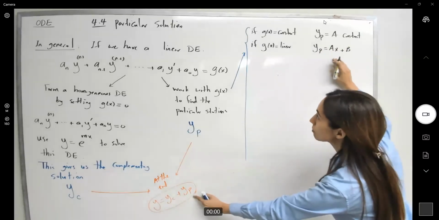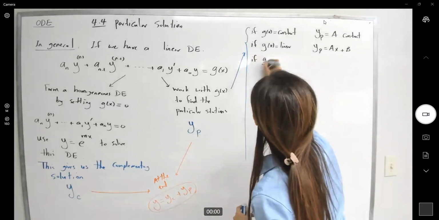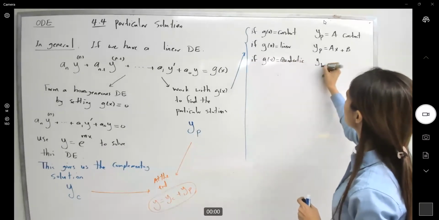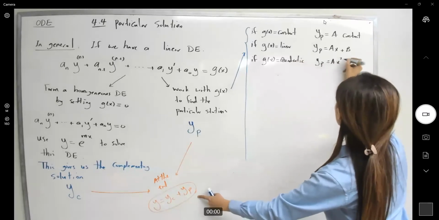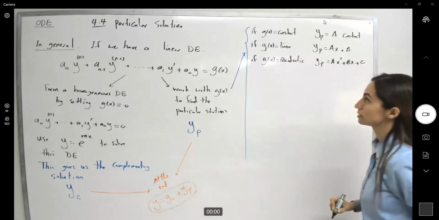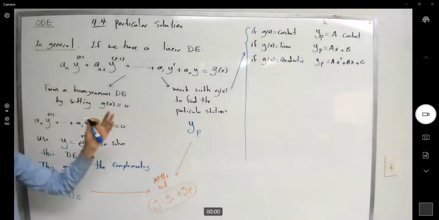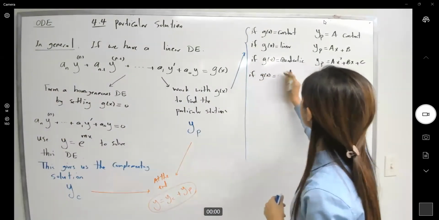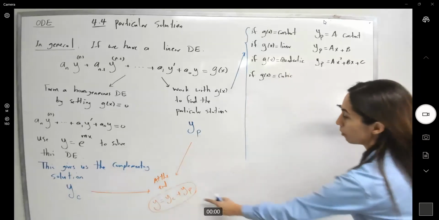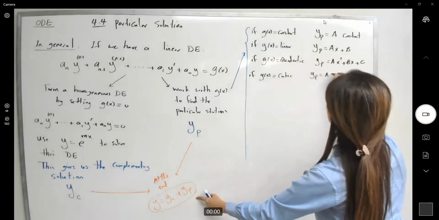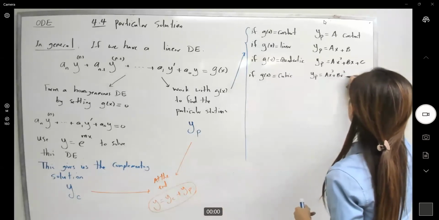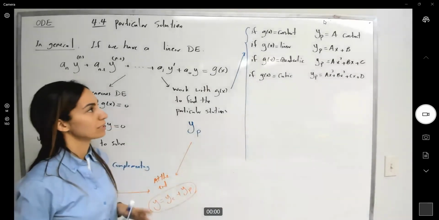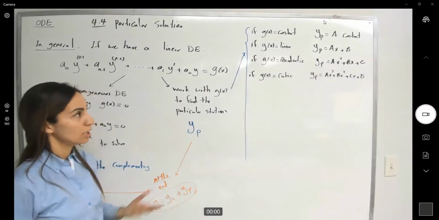If g of x is quadratic form, y sub p is ax squared plus bx plus c. If g of x is cubic, then the particular solution is cubic, ax cubed plus bx squared plus cx plus d. So in general, if it's in polynomial form, you're going to have a polynomial eventually available there.